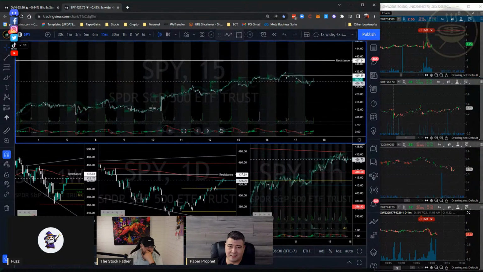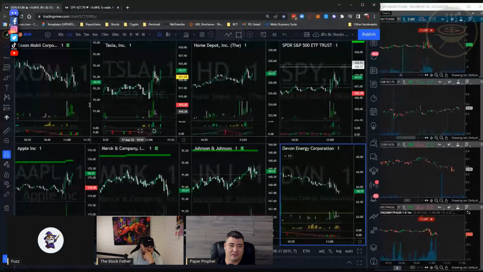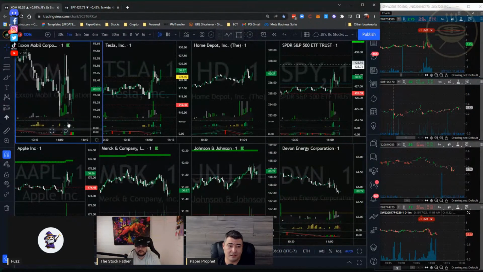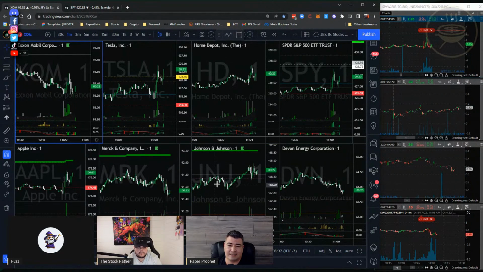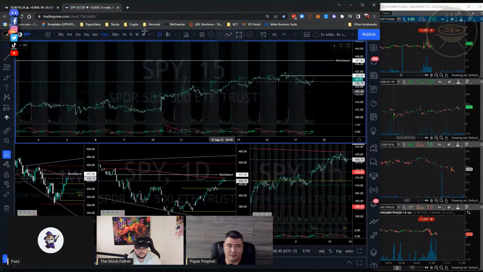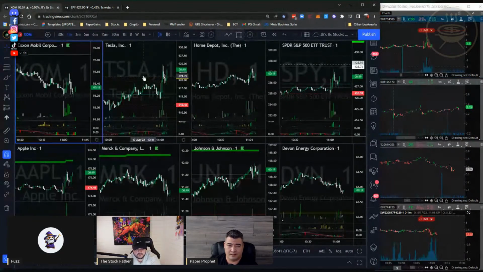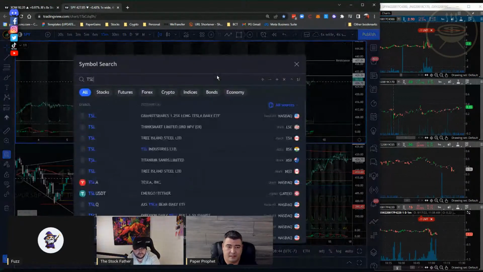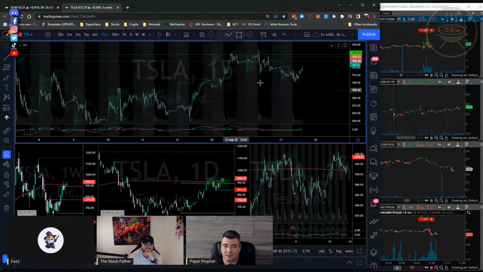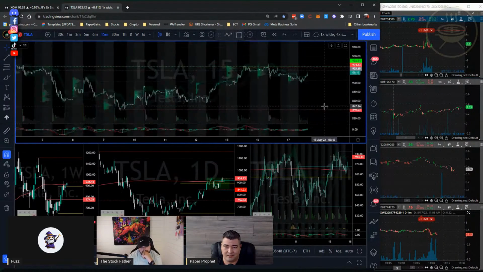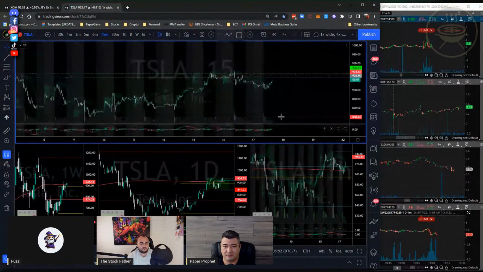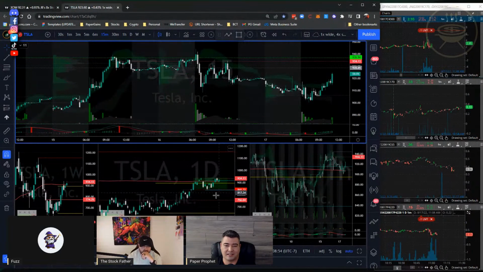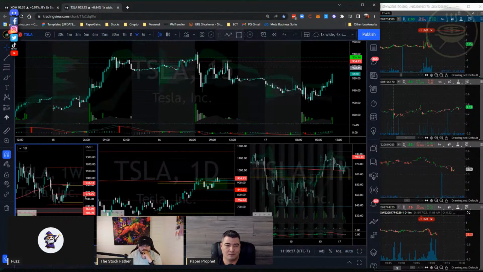If you don't have this kind of setup, a 30-minute chart straight across actually works really well for me for analysis views. But it's not until I have all of the levels. So like Tesla here, I'm only looking at that chart because I've already seen all of this. I'll only be there when I have actual targets already in range, and I'm only looking to snipe that specific precision entry.